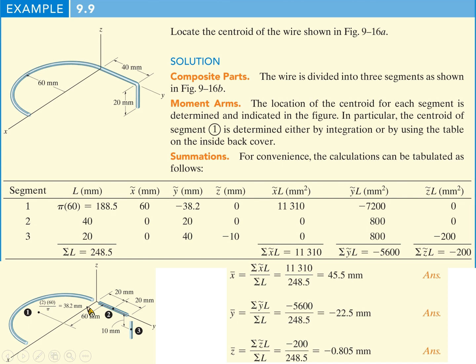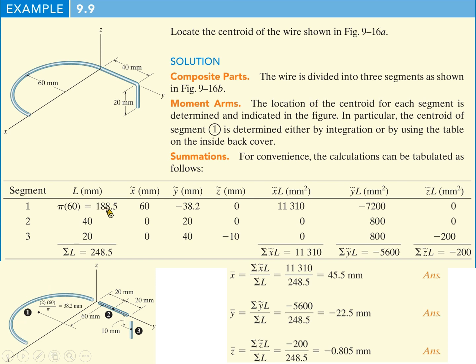For this half circular, we can directly use the radius. 2 radius becomes diameter, diameter times pi becomes full circle. But for full circle we should divide it by half, and therefore it becomes 60 times pi, which is the length here.